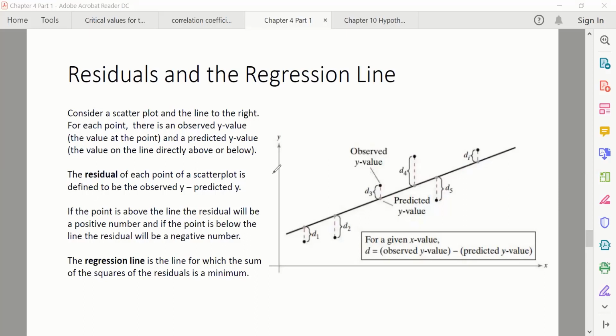So I'm going to pick this one here. This is the actual data point. It's got an x and it's got a y. This y is the actual observed value. It's what really happened.